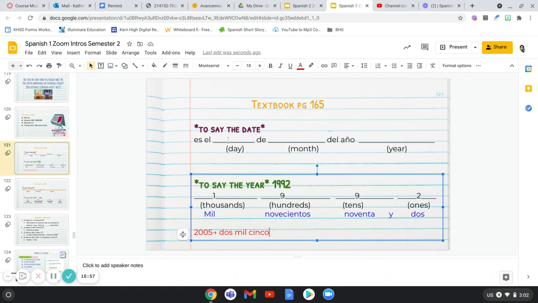So if you were talking about someone's birthday, like my mom's birthday, I could say el cumpleaños de mi mamá, for my mom, es el, so this is actually my mom's birthday, es el 3, that's my number. I'm not typing it because maybe you guys can guess it on your own. Es el 3 de mayo del año, right, of the year, 1955.